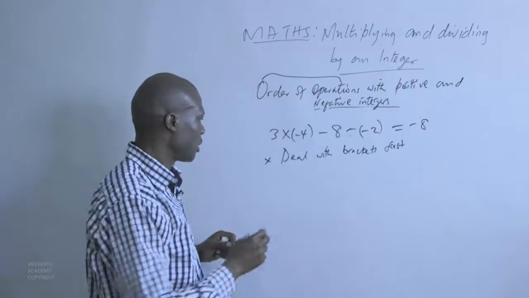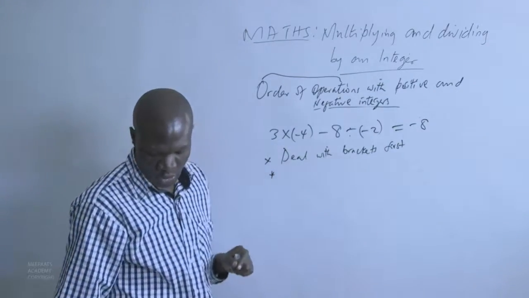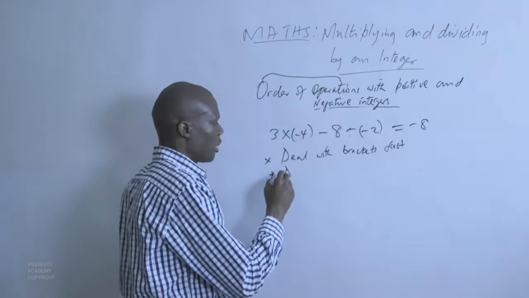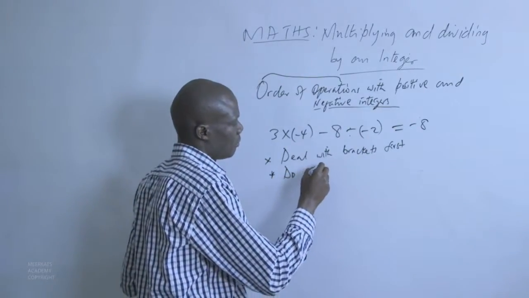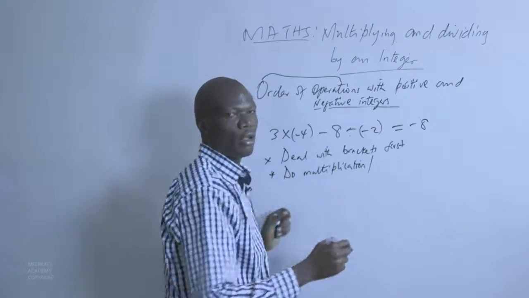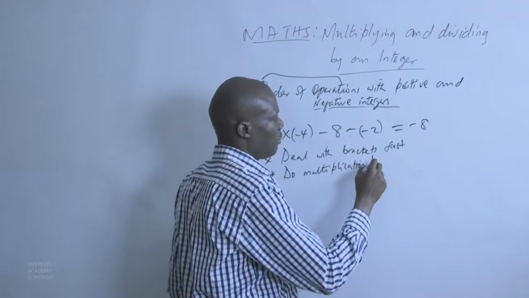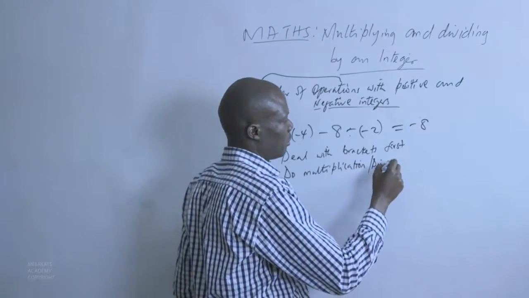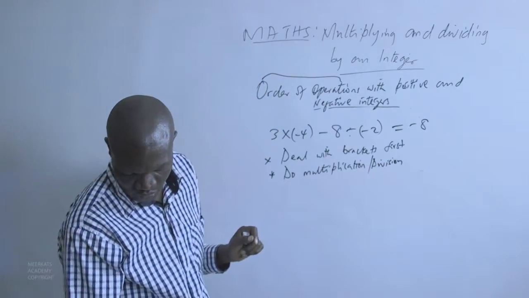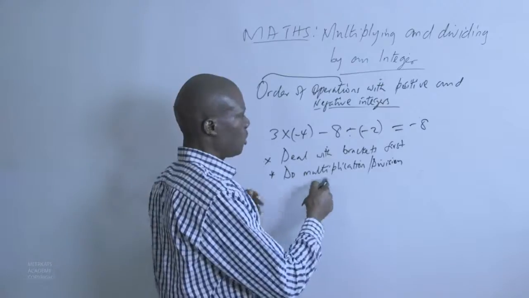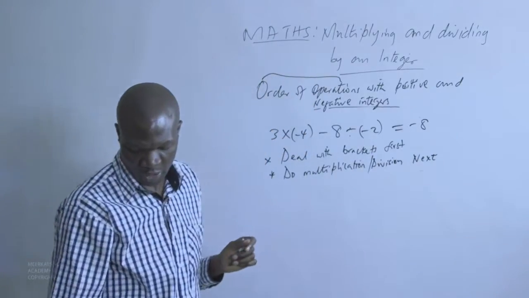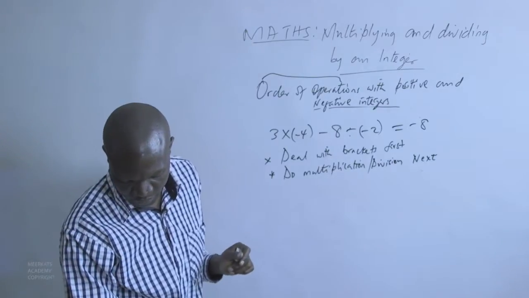Two, do the multiplication or division next, that is immediately after the first working.